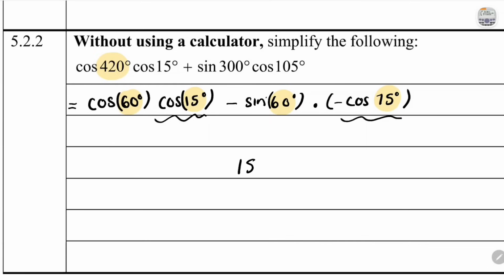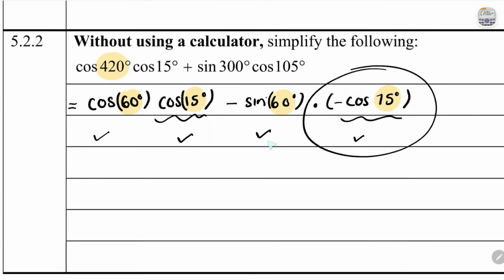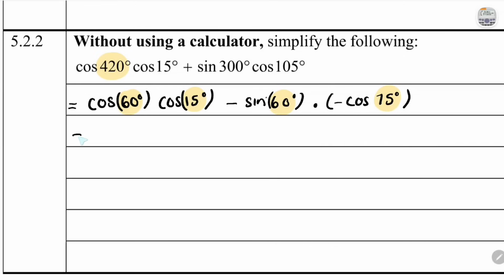And what do you notice about 15 and 75? They're complementary angles, so they'll add up to 90 degrees, meaning we can use cofunctions here. So let's just follow a rule. Since this says cos, and then this can say sine and sine, so we'll change this one to sine using cofunctions.